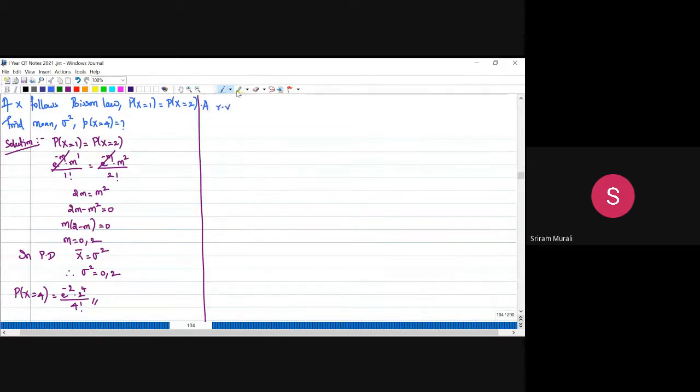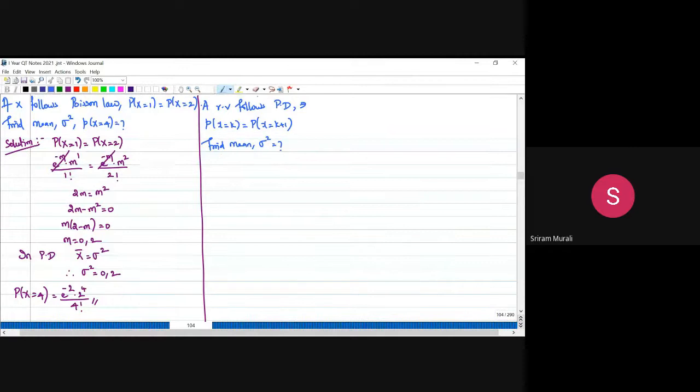A random variable follows Poisson distribution, such that probability of x is equal to k is equal to probability of x is equal to k plus 1. Find the mean and variance. In a Poisson distribution, mean is equal to variance.